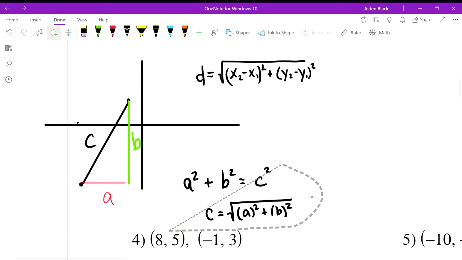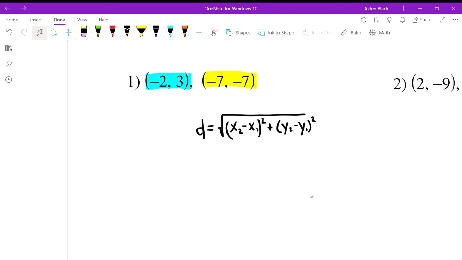All we need to do is assign these 2 points, this one and this one, x1, y1, x2, y2. And in fact, with the distance formula, it doesn't matter which one you assign, and you'll see why. So let's say this one is x1, y1, and this one is x2, y2.